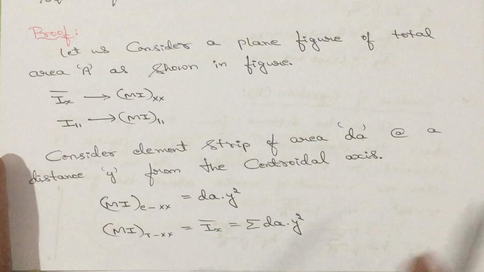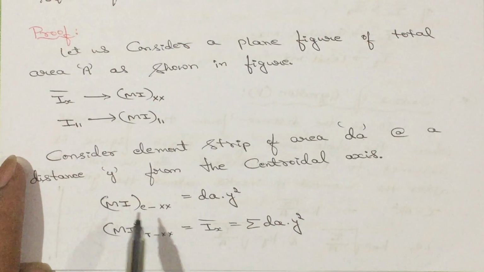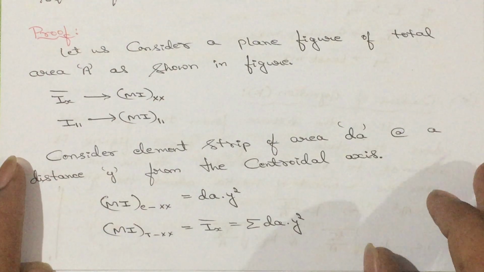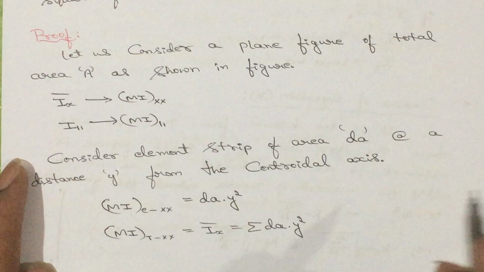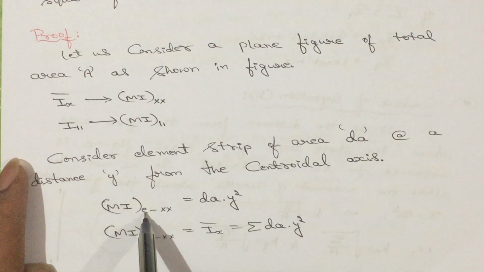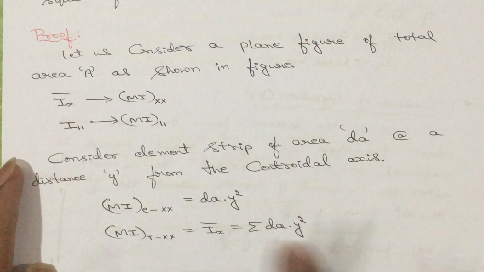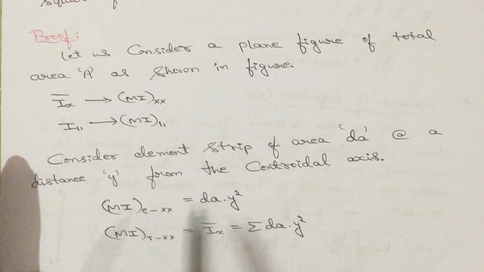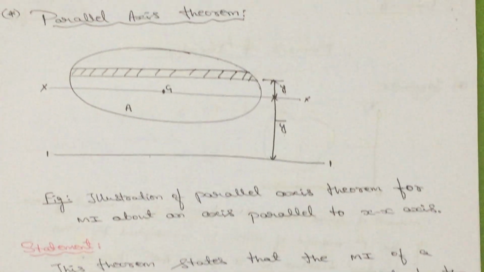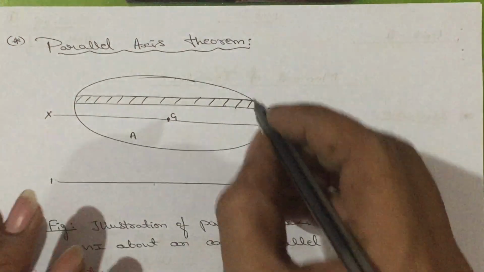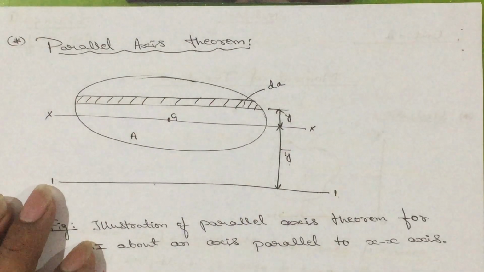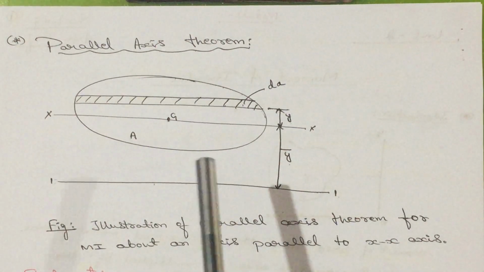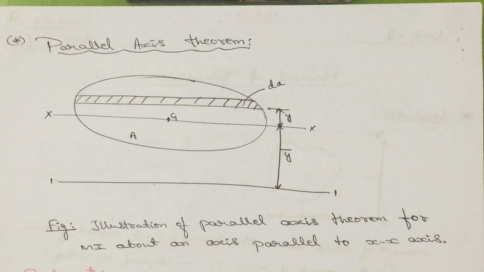Then the moment of inertia of the element about the xx axis is given by: we take a small strip of area dA, the total area being A. We know that moment of inertia is nothing but area multiplied by distance squared.